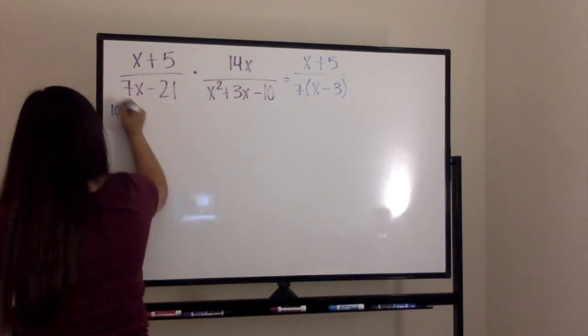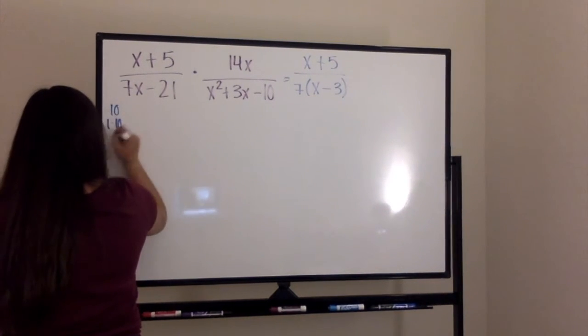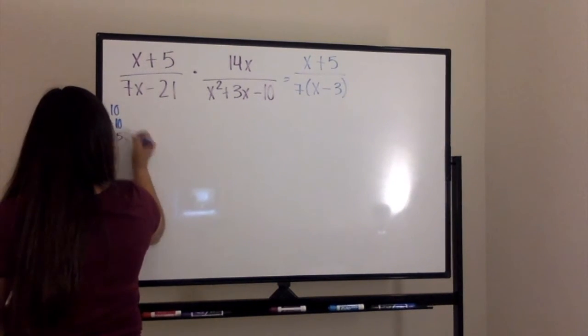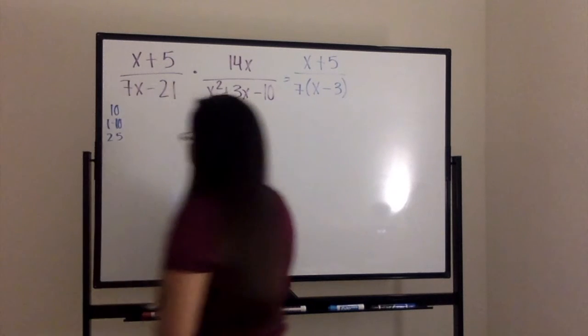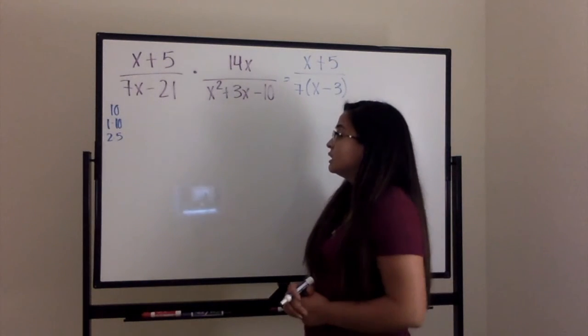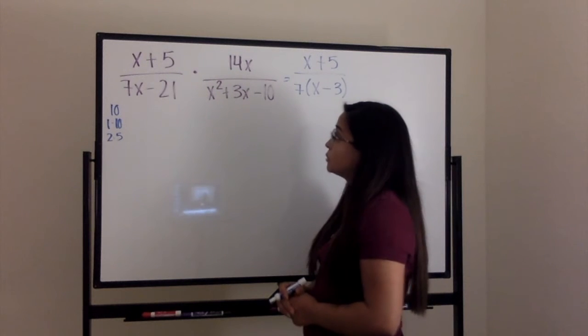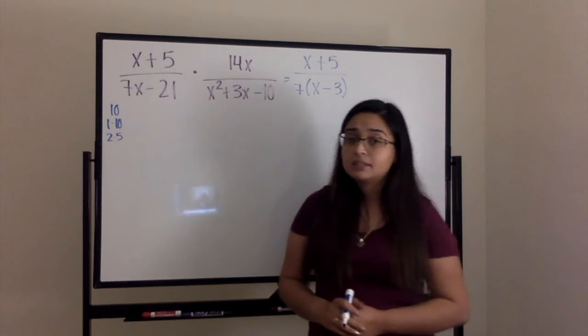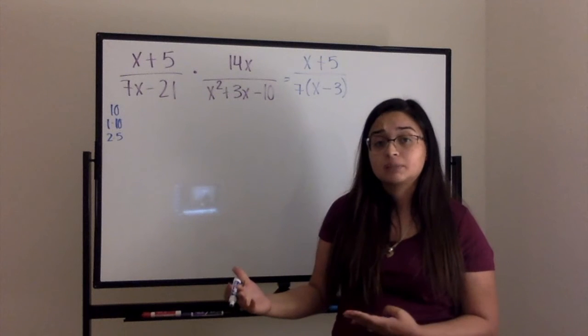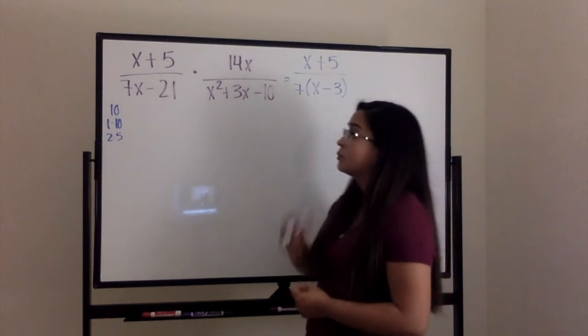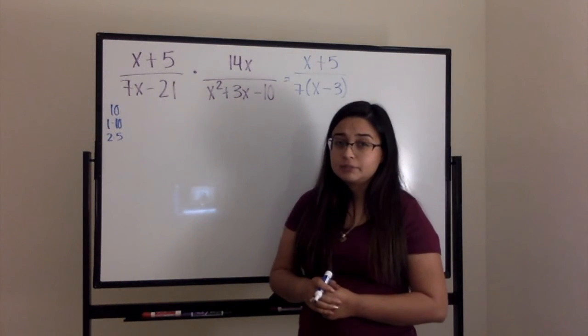Let's list our factors for 10. 1 times 10, 2 times 5, and that's about it. Now we need the two factors that when multiplied give me a negative 10, meaning one is going to be positive and one's going to be negative, and when combined give me a positive 3.